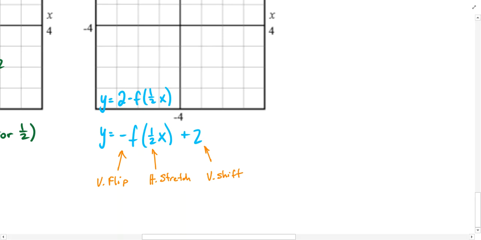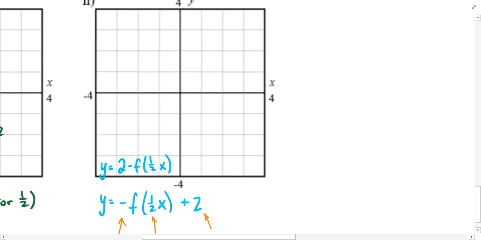And one more time, we're going to follow the order of operations, so I'm going to start within the grouping symbol, move to the multiplication sign. This is technically a -1 times this set. So interior of the grouping symbols, move to multiplication, and then addition. So we'll stretch horizontally, we'll flip vertically, and then shift vertically in that order.